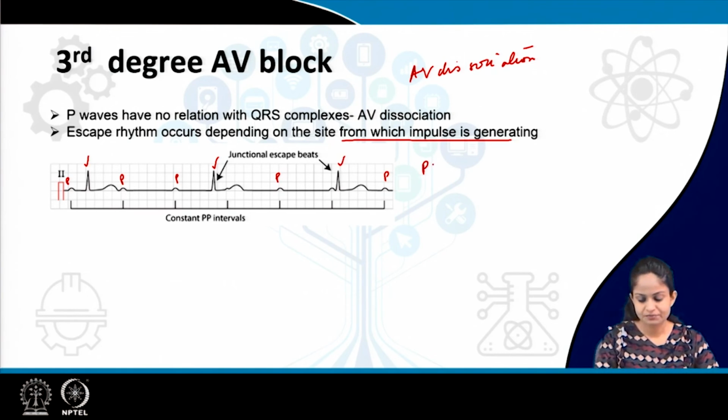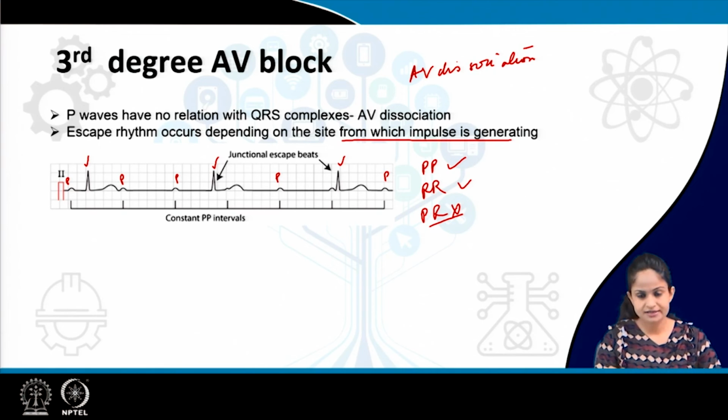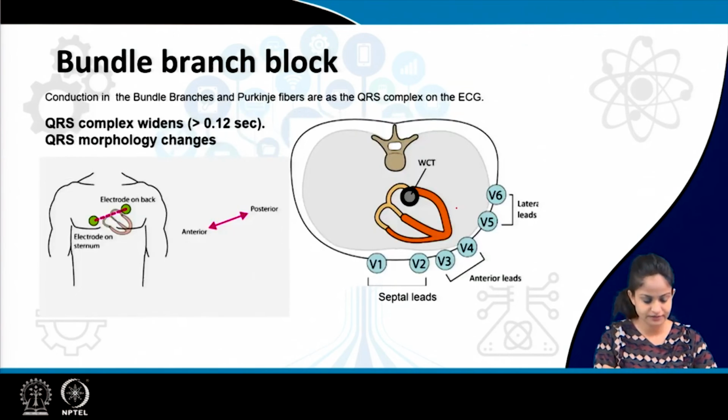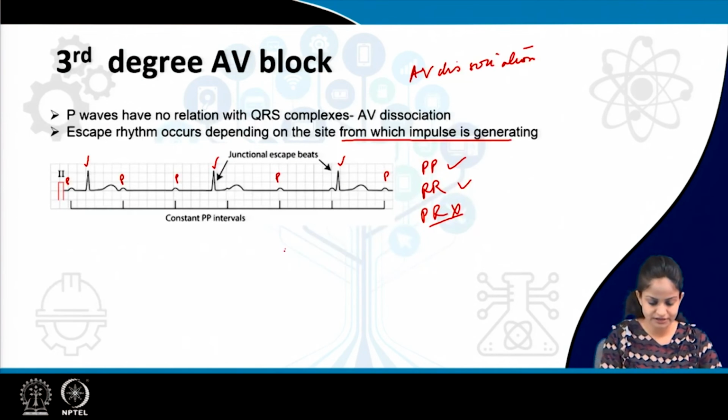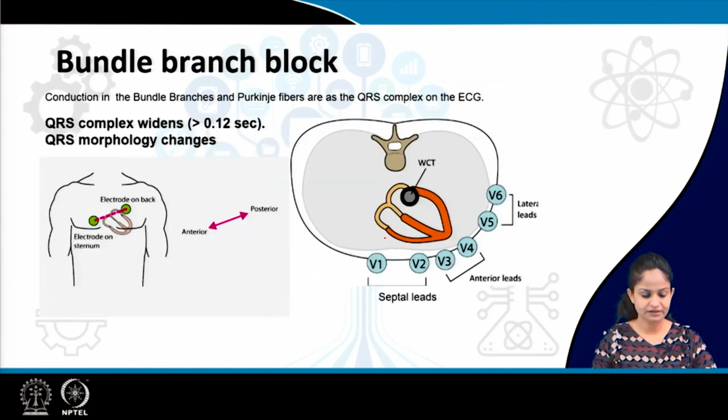That means PP interval is there, RR interval is there, but PR interval as such will not be present. So, there is a different atrial rate and a different ventricular rate. So, this is third degree AV block.